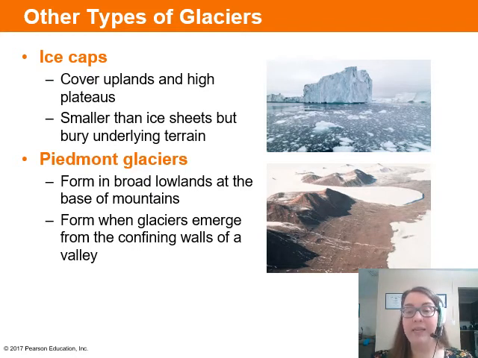And this is because the area at the base of a mountain range is called the Piedmonts. So here, our valley glacier has grown long enough that it's spilled out from the valley and is now on these flat Piedmont areas, forming a Piedmont glacier.